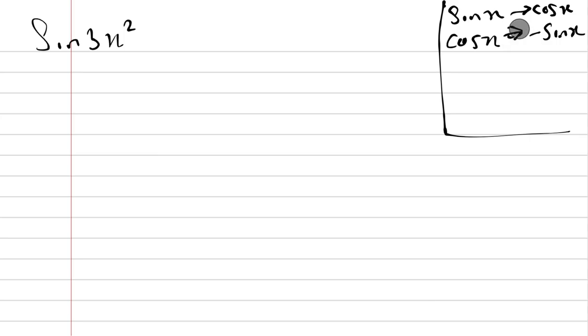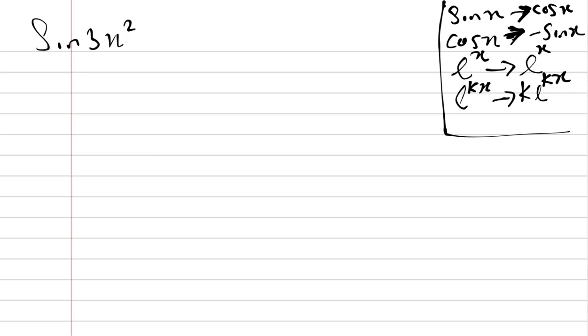But if you differentiate sine x, you will get cos x. If you differentiate exponential x, you will get exponential x. It is the same thing. But if you differentiate exponential kx, you will get k exponential kx. So you should note those ones too.